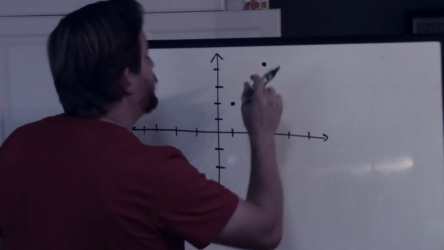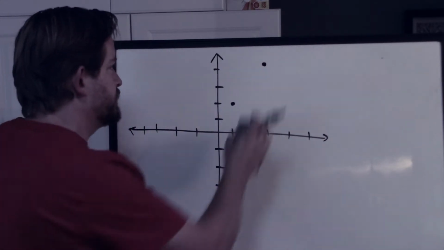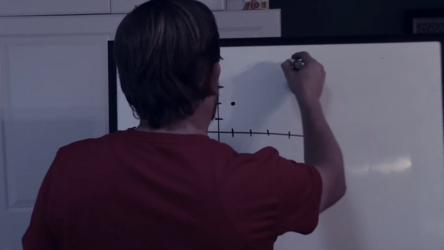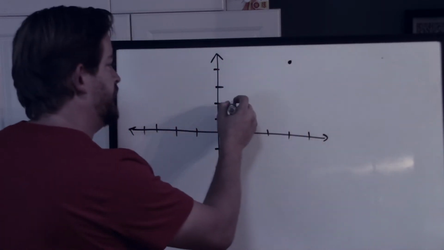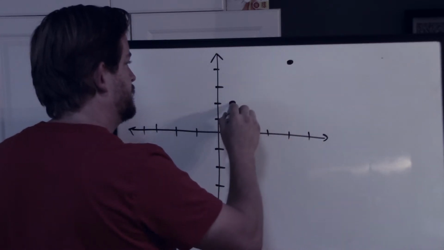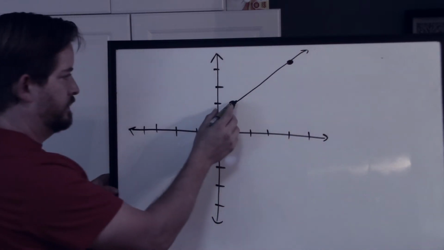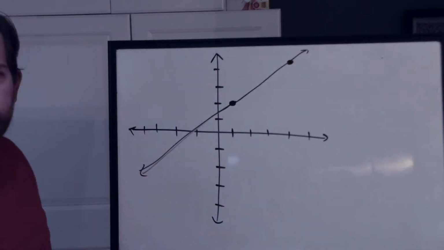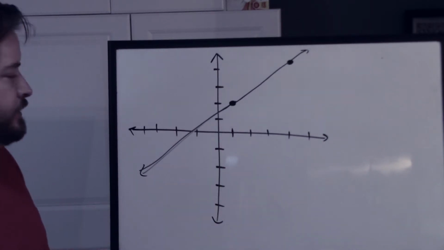Let's say I have a line that goes through these 2 points. Kind of goofed up my line there, but let's say I have these 2 points.